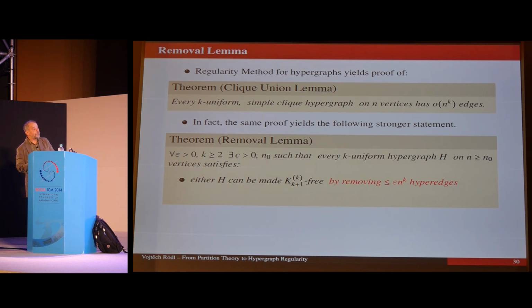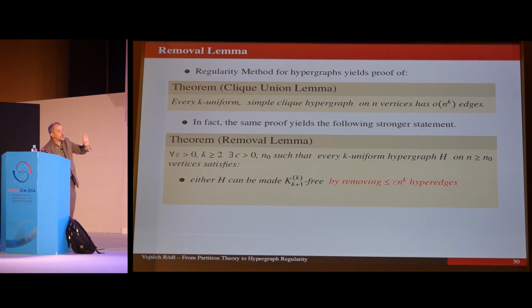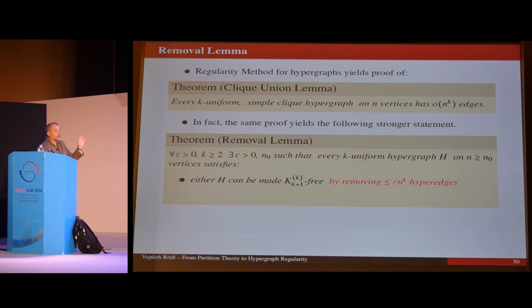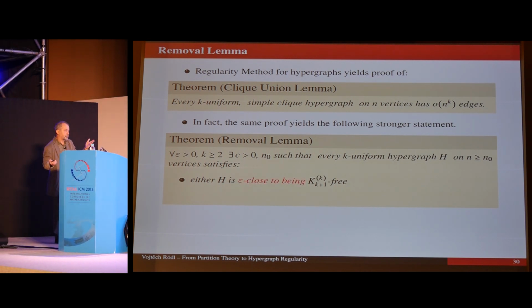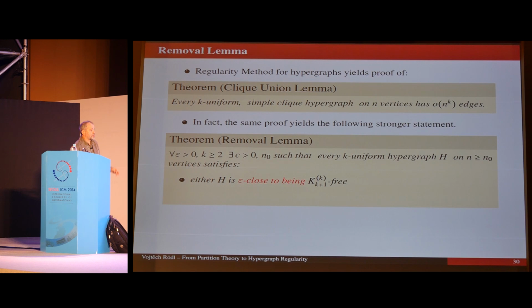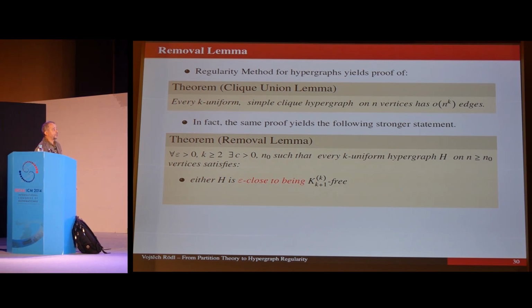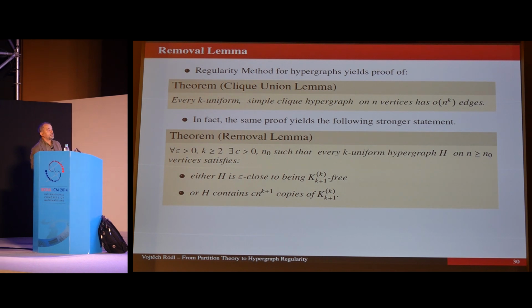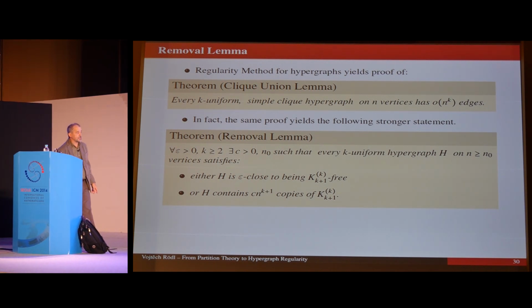Either it can be easily made K_{k+1}-free, so I can remove few edges and destroy all cliques of size k+1, which we may refer to in future as H is epsilon close to being K_{k+1}-free, or it contains many copies of that clique of size k+1.